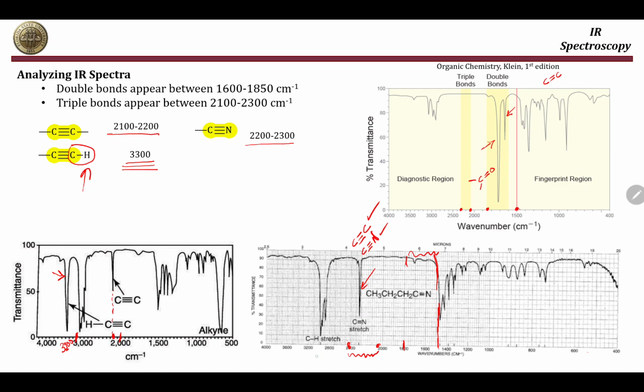Again, anything which is around 3000 is a CH, so this is not informative, it doesn't tell us anything, and there is nothing in this region. So the only thing I can tell from this spectrum is that I have a triple bond. And here I have a triple bond, and I also have a hydrogen at the triple bond. Whereas from this spectrum here, I can see that there is a double bond and there is a carbonyl, and that's it.